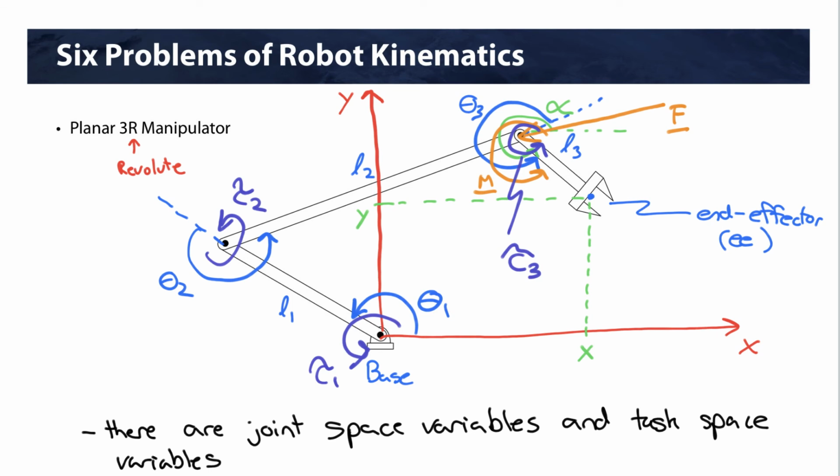So let's go to our example here. So if we're talking about, say, the forward displacement problem, I would be given theta 1, theta 2, and theta 3. And from it, I want to calculate the position and orientation of our end effector, which would be x, y, and alpha.